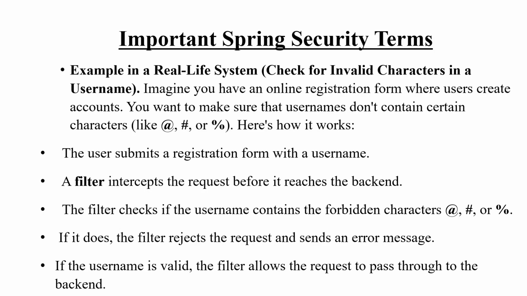A filter intercepts the request before it reaches the backend. The filter checks if the username contains the forbidden characters. If it does, the filter rejects the request and sends an error message. If the username is valid, the filter allows the request to pass through to the backend.